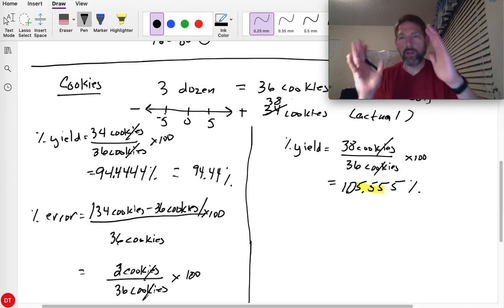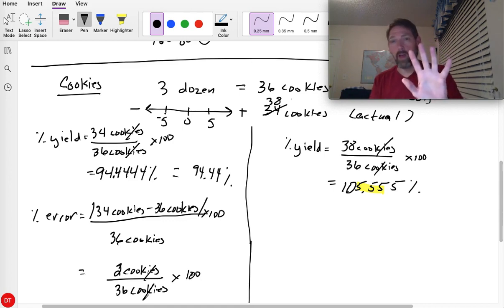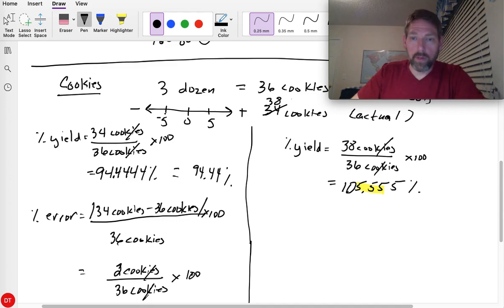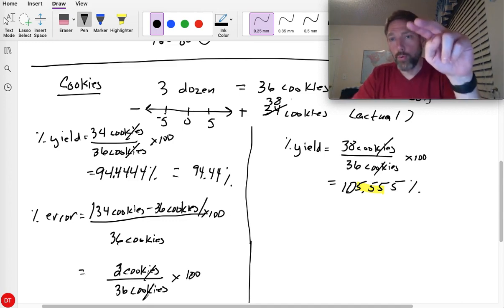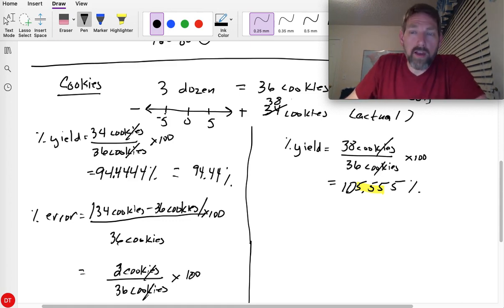And that's why they teach you absolute value, because the absolute value, the magnitude, is still 5. 5 in that direction, 5 in that direction. So if you think about it, the difference is 2. We still have the same magnitude of difference. It's just in the opposite direction. So now we have 105%. Now you can't make 105%, but we should see that that's making sense.